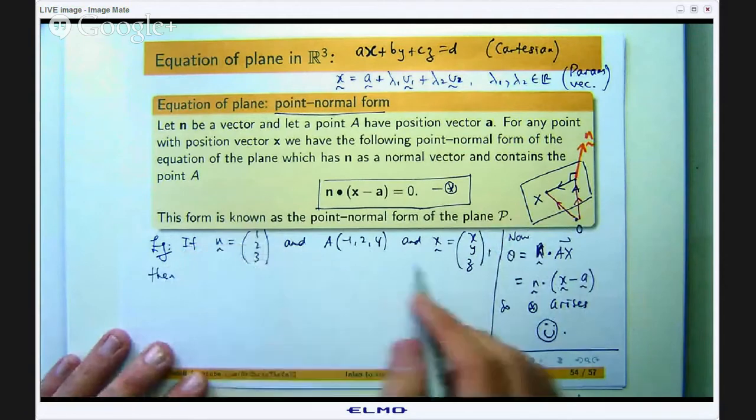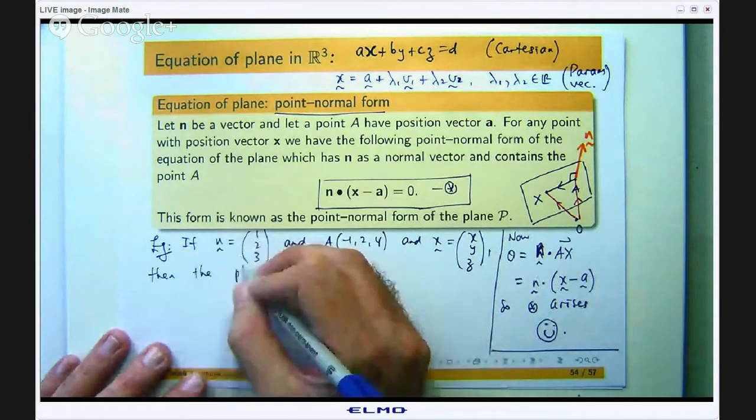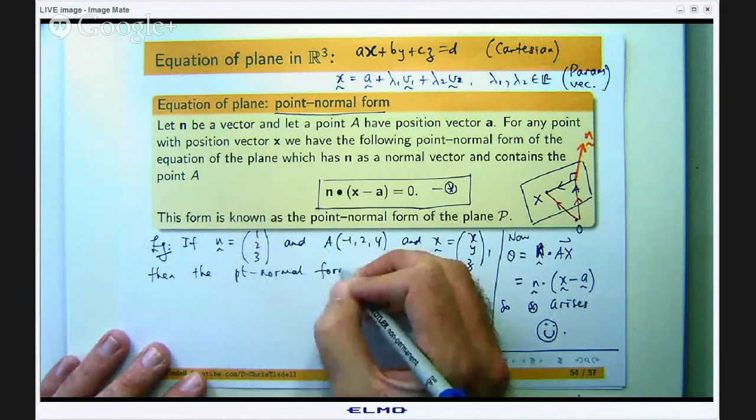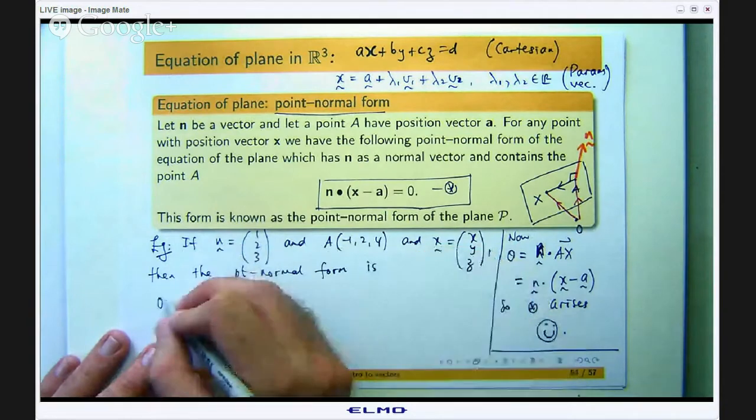So for this information or this data, the point-normal form of the plane associated with this information is the following.